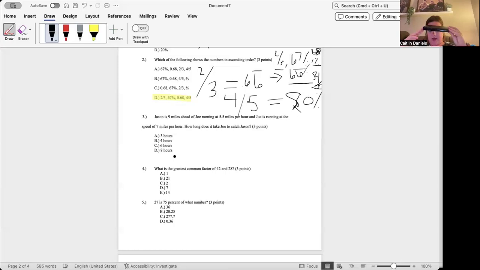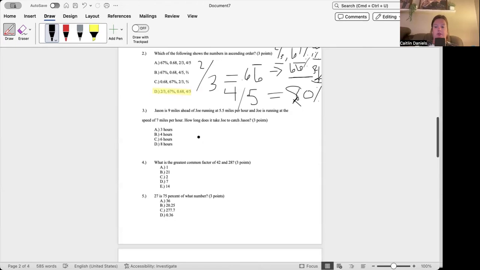Okay, so Jason is running 9 miles ahead of Joe, and Joe runs faster. So the first thing we're going to do is subtract the difference between the miles per hour.